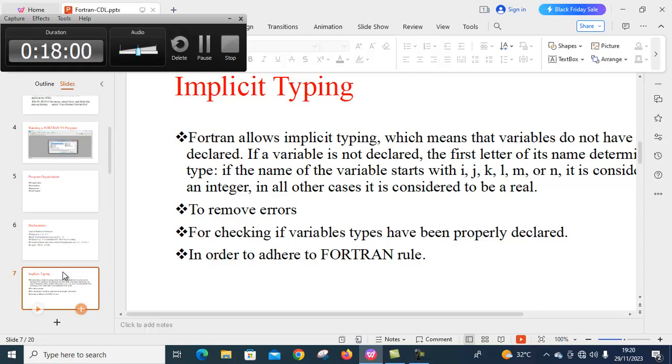So you need implicit typing to do what? To remove errors. Two, for checking if variable types have been properly declared. And lastly, in order to adhere to Fortran rules.